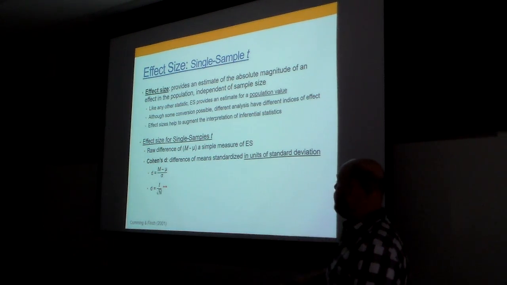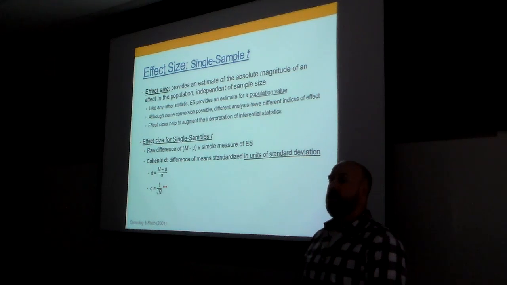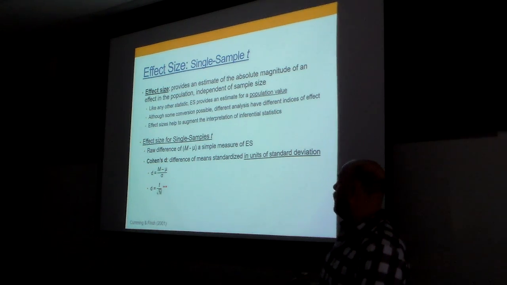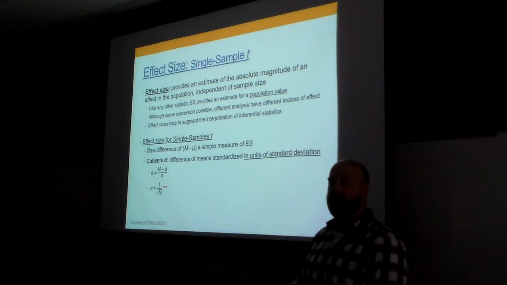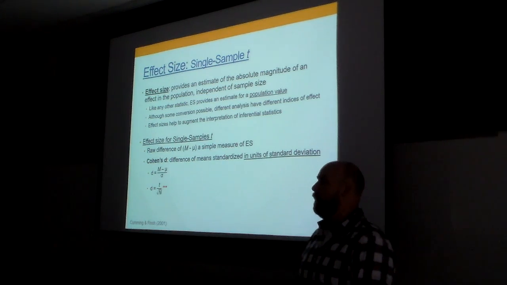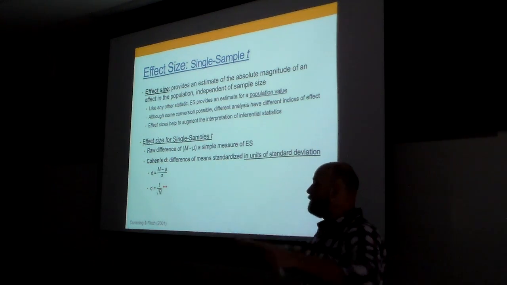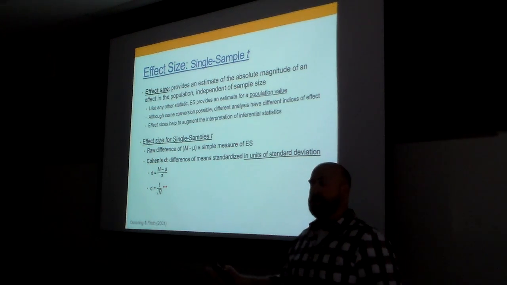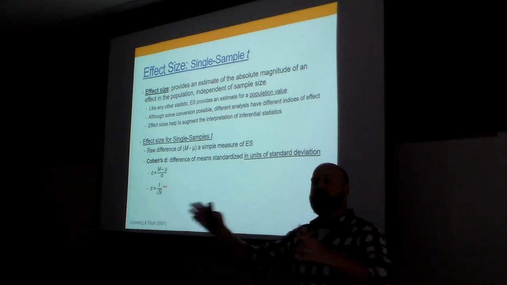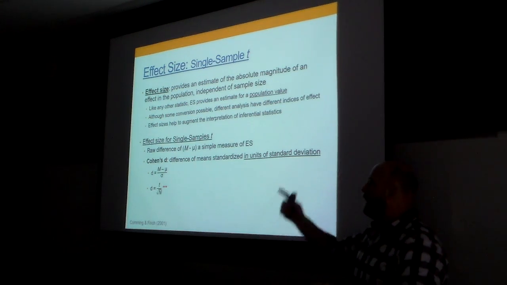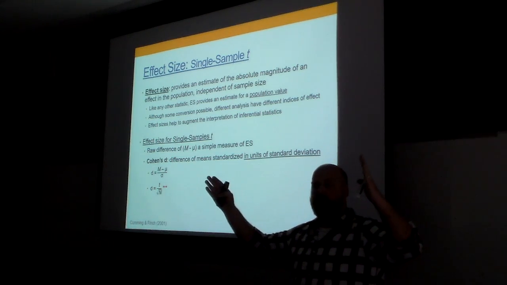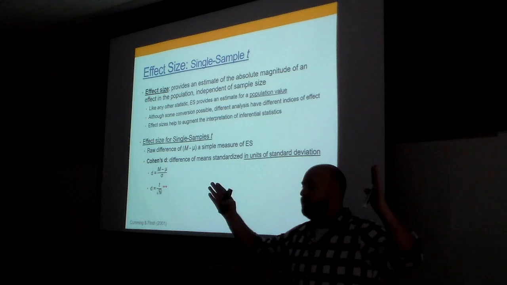So if I get a D of 1, we're saying that our sample scored on average a standard deviation above expected value under the null, right? And again, if we're thinking about z distributions, a full standard deviation, that's a decent size. That's a decent increase, right? Remember, we've got 68% of our distribution falls between a standard deviation above and below, right?